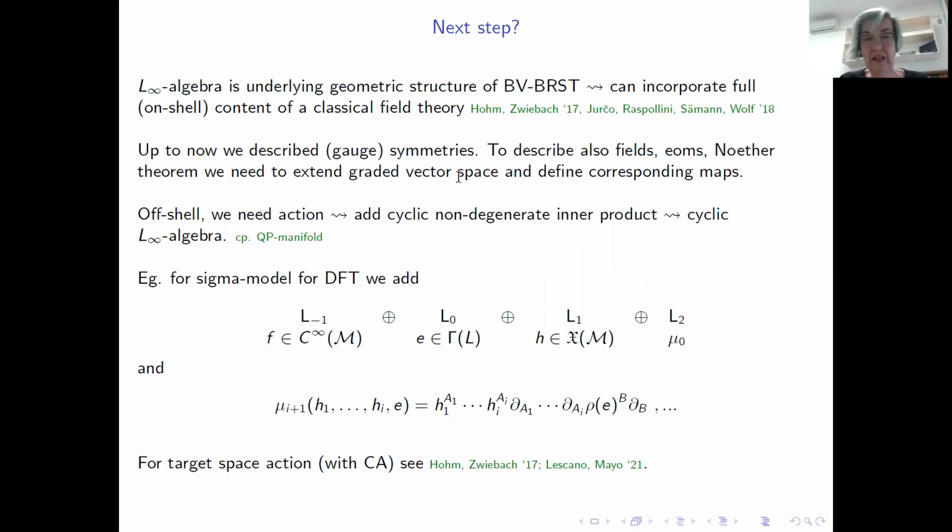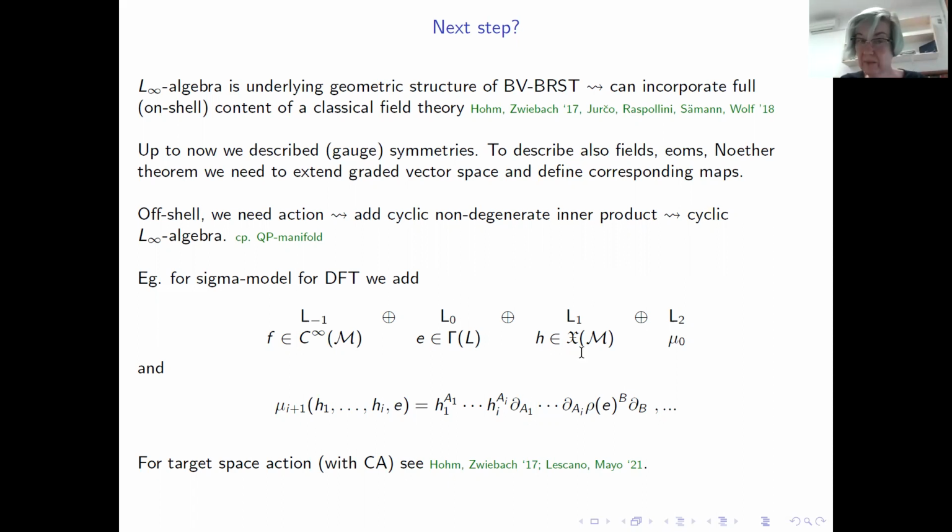In our setting, to go towards constructing an action, because we are interested basically in the sigma model for double field theory, we will add one more space, the space of grading L1, which was missing here, which would be basically my space of vector fields. I would need to extend my maps.